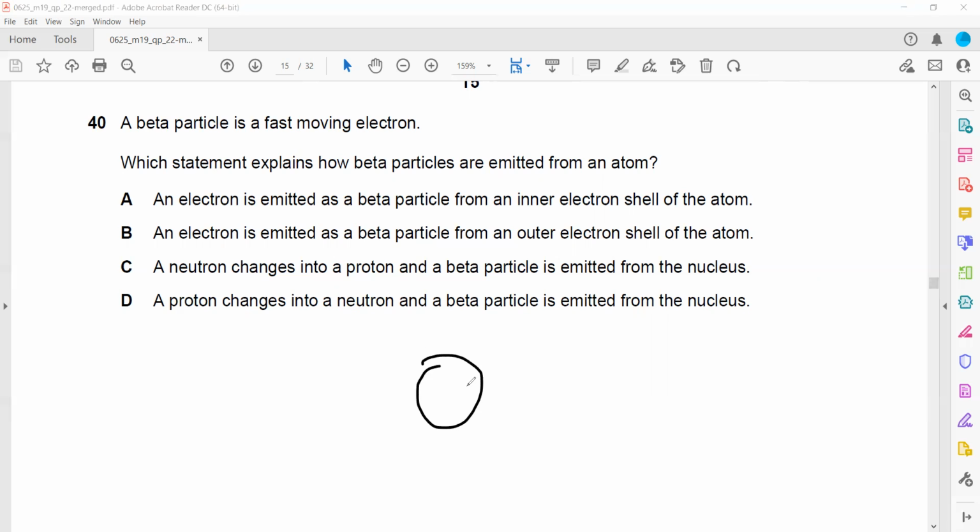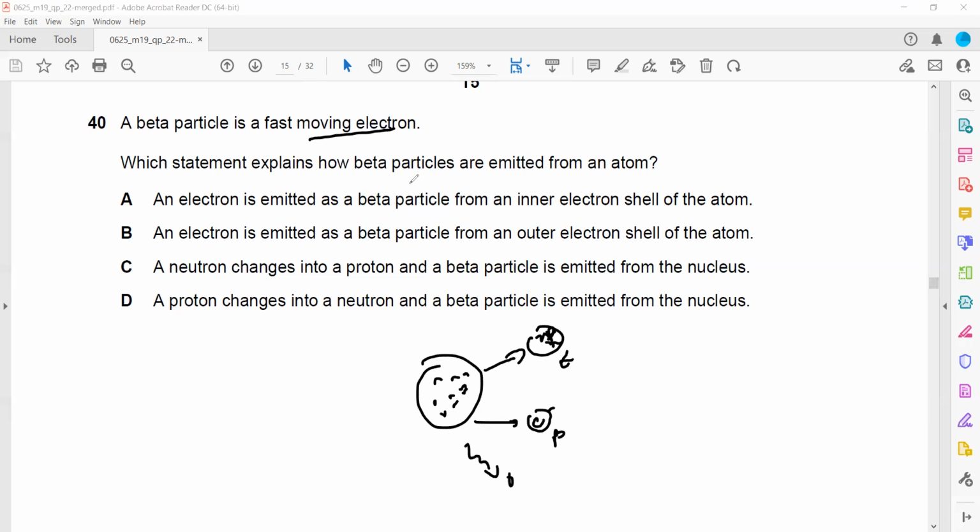But what is the source of all the radiation? The nucleus. The nucleus contains neutrons and protons. The nucleus emits an alpha particle, which is 2 protons and 2 neutrons. The nucleus emits an electron, which is a beta, and the nucleus emits energy, that's gamma. So the source of all the radiation, alpha, beta, and gamma, is the nucleus. So a beta particle is a fast moving electron. Which statement explains how beta particles are emitted from the atom?